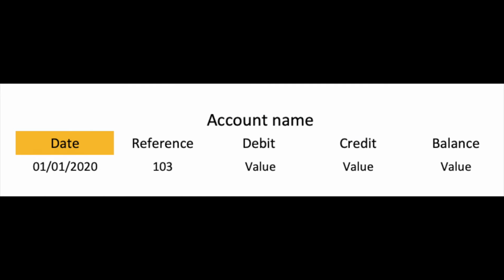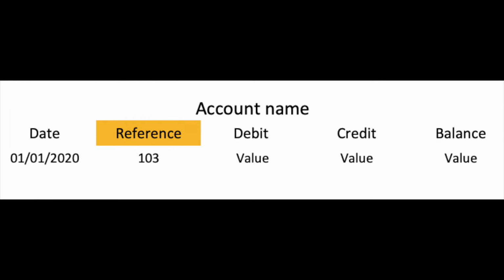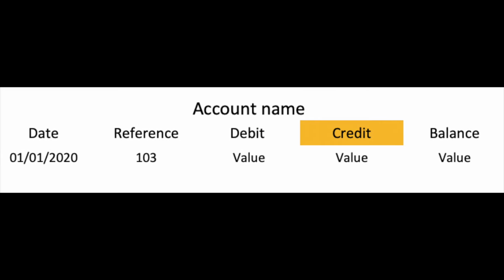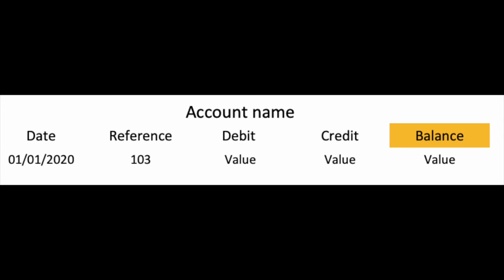Dates. 3. Reference. 4. Debit side. 5. Credit side. 6. Balance.